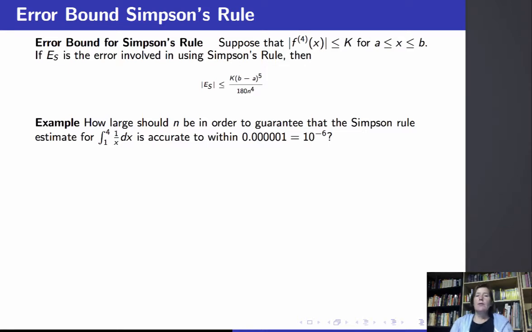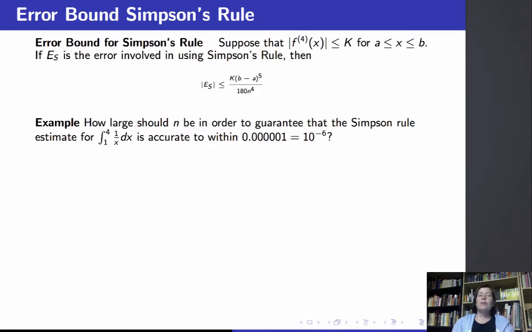In this case, we start by looking for an upper bound k for the absolute value of the fourth derivative of f on the interval from a to b. We find that the absolute value of the error we might make using Simpson's rule is going to be less than or equal to that k times the length of the interval to the power of 5 over 180 times n to the 4.